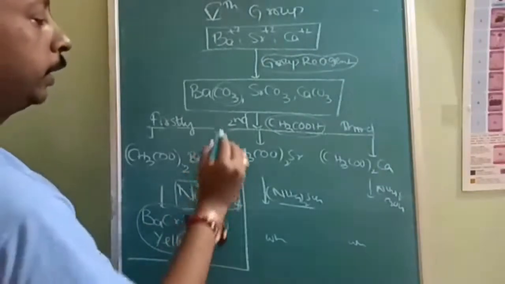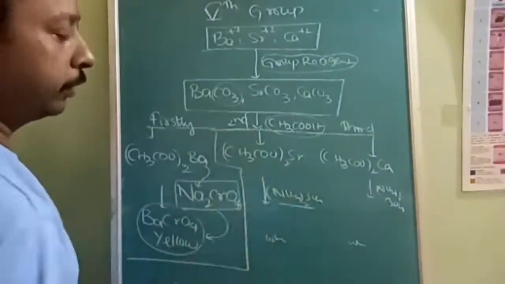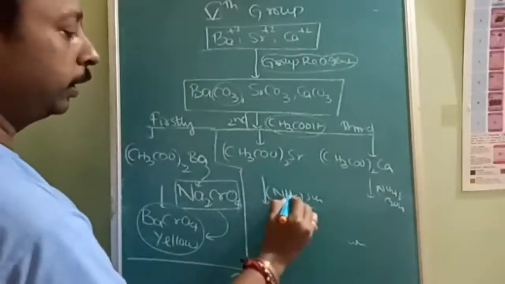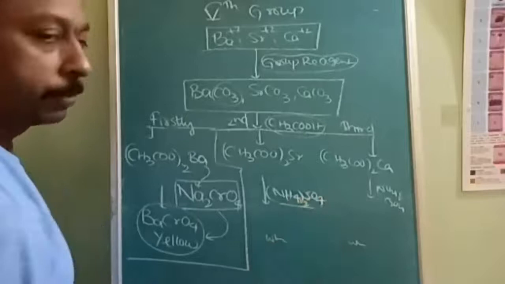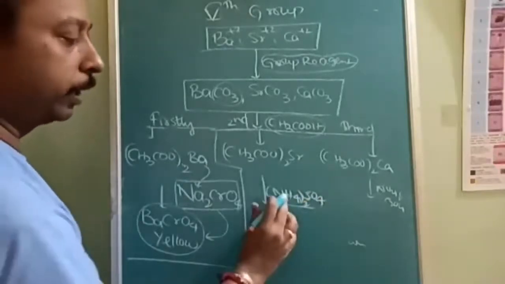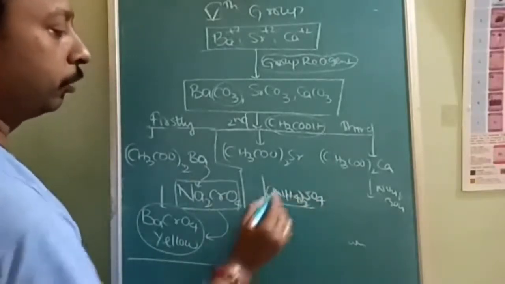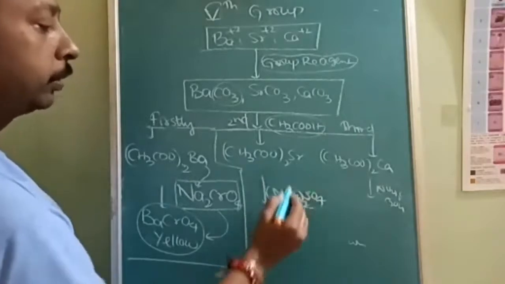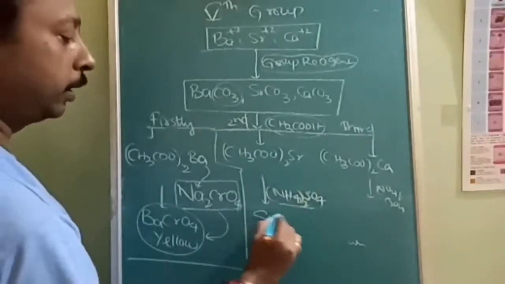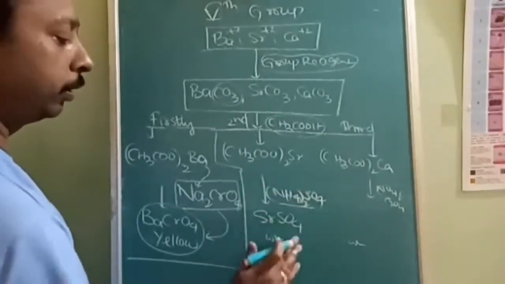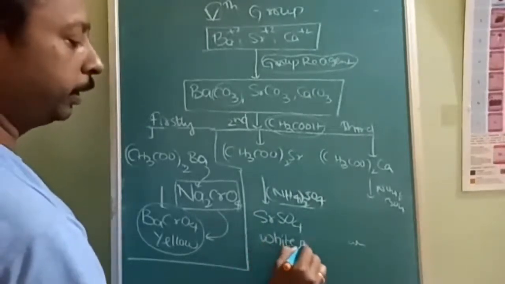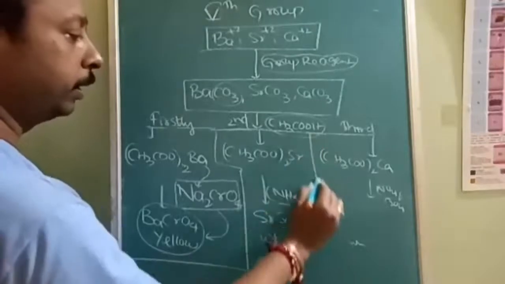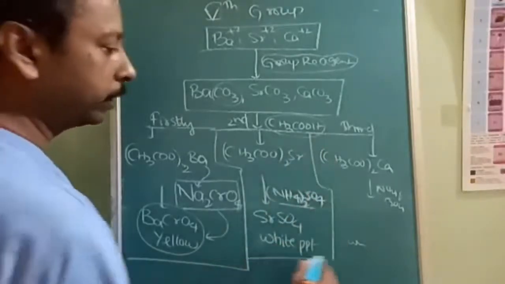Secondly, if we have strontium acetate, it is treated with ammonium sulfate, (NH4)2SO4. Then it is also a simple replacement, giving SrSO4, which is a white precipitate.